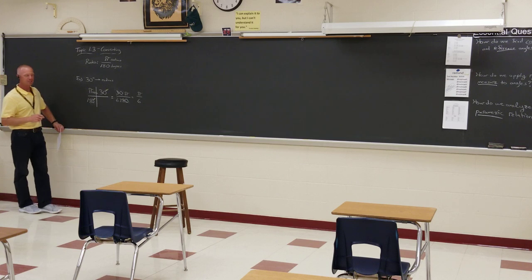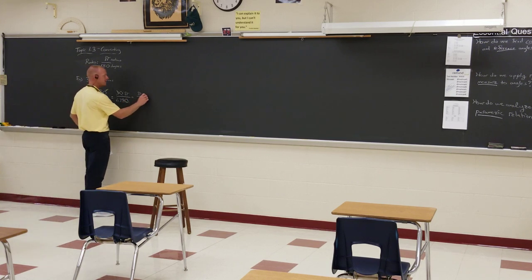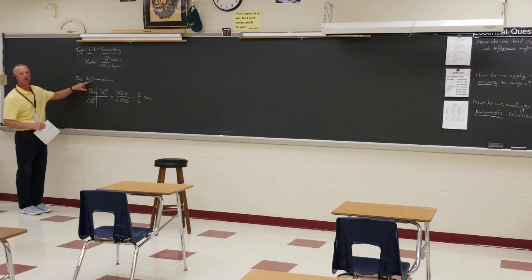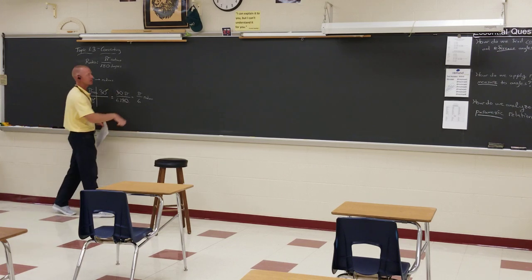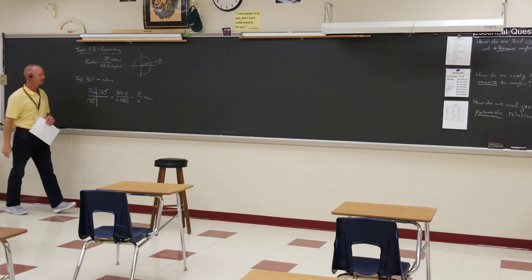Now, pi over 6 is in radians. In fact, it is a radian. And the truth of the matter is that 30 degrees was discovered a couple days ago to be the same as pi over 6. So maybe you remember that if you're at 30 degrees, that's the same as pi over 6.